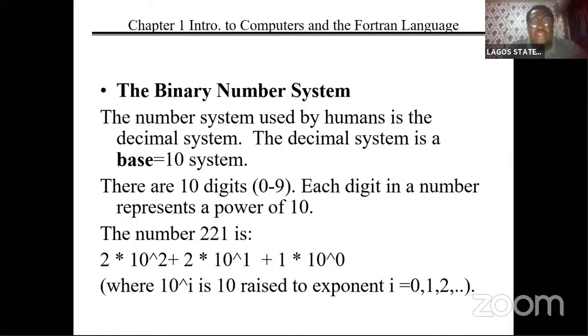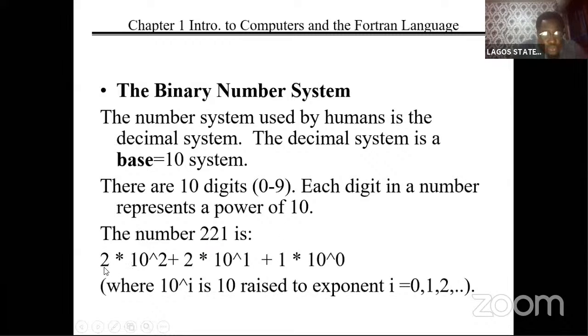The number 221 is 2 asterisk 10 raised to power 2 plus 2 asterisk 10 raised to power 1 plus 1 asterisk 10 raised to power 0. If you look at 2 here, this is 221. Each digit in a number represents a power of 10.